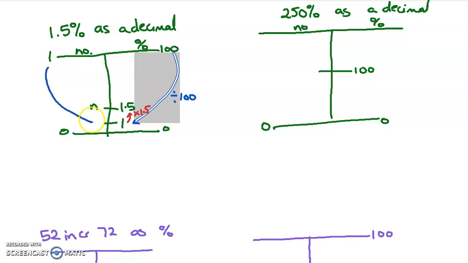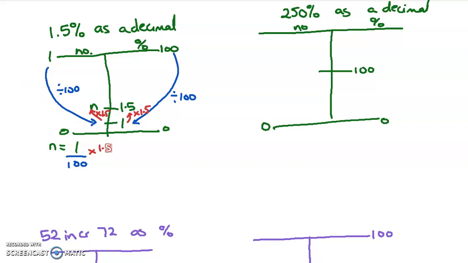We do exactly the same here. Divide by 100 and then multiply by 1.5. So my number equals, let's follow those arrows backwards to where I started. 1, what did I do to it? Divided it by 100 and then I multiplied it by 1.5.